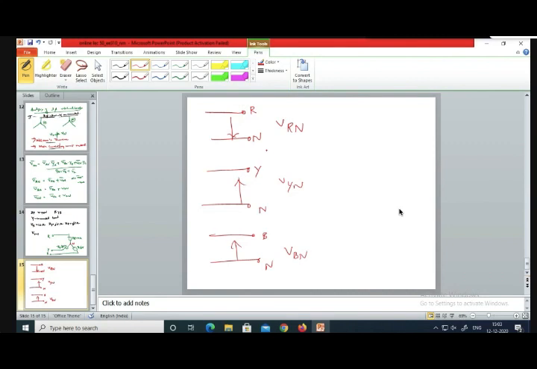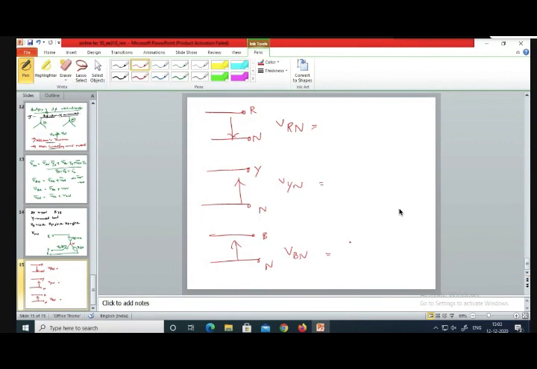That means you are connecting a voltmeter across R phase and neutral, Y phase and neutral, B phase and neutral. So you'll be getting the phase voltages in each branch. This is what you have to find out. Is it clear?